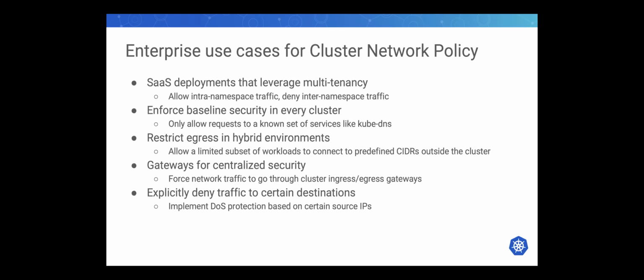and so forth. Then in that case, you need a security guardrail, or a security aspect, that these namespaces should not overlap, or that traffic from the namespace for tenant A should not cross into traffic destined for the namespace of tenant B. So there is a need for some sort of intra-namespace allow and denying the inter-namespace traffic.